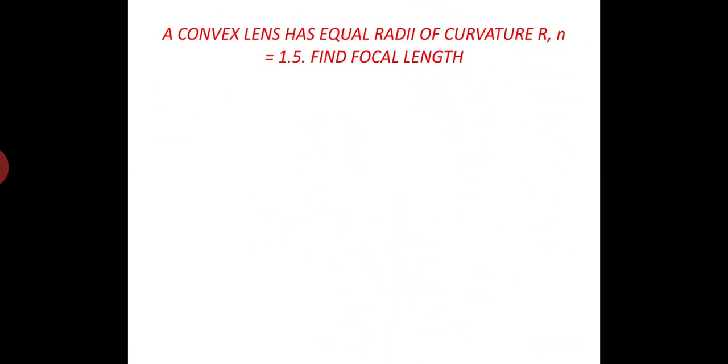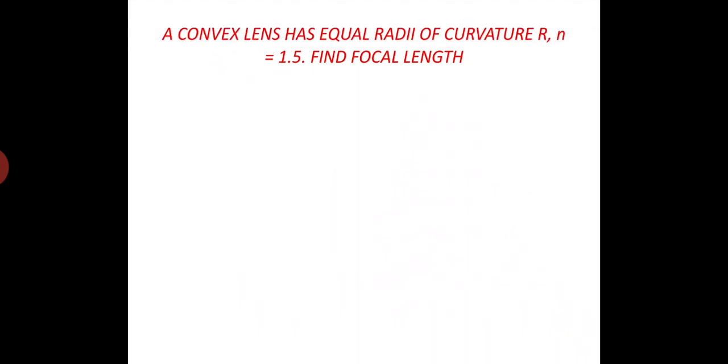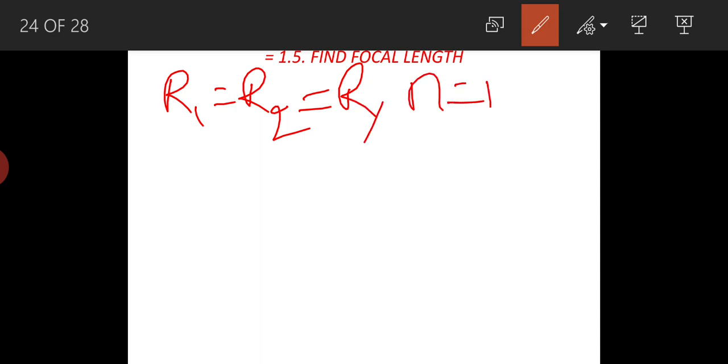A convex lens has equal radii of curvature r and n is equal to 1.5. Find focal length. So a convex lens is having equal radii of curvature, r1 is equal to r2 is equal to r, and n is equal to 1.5. So we need to find focal length.